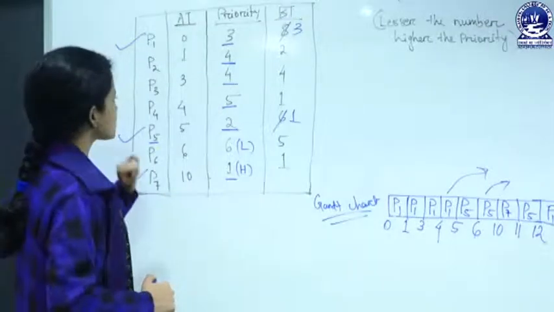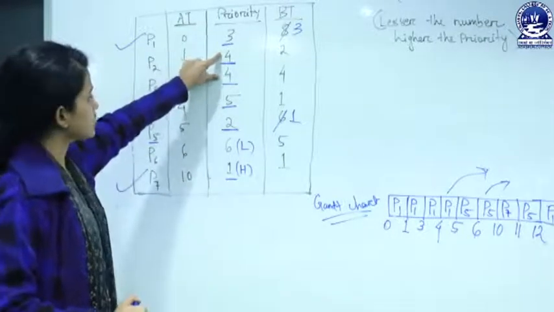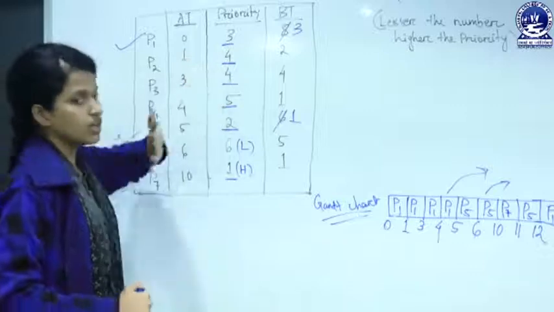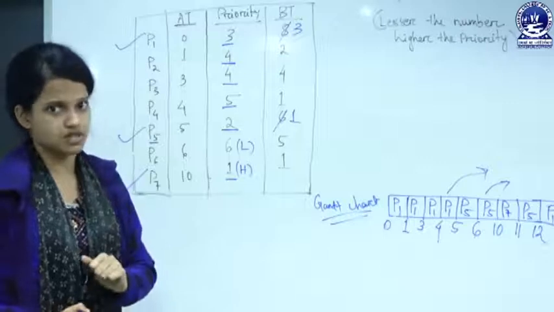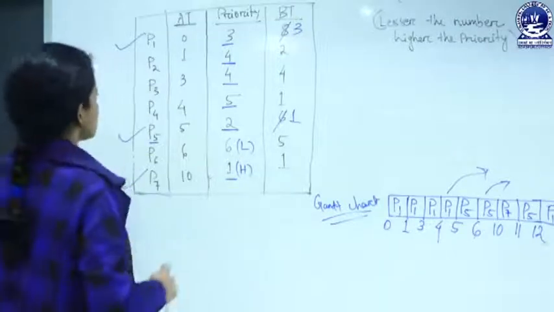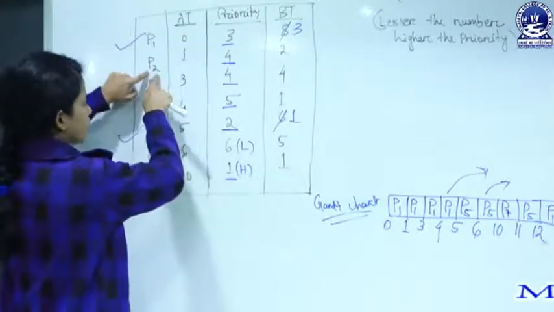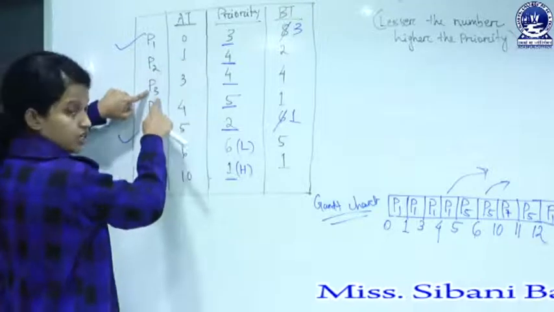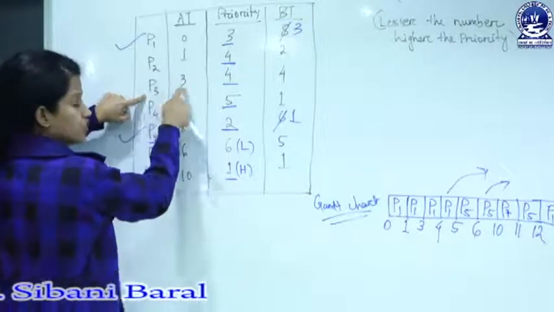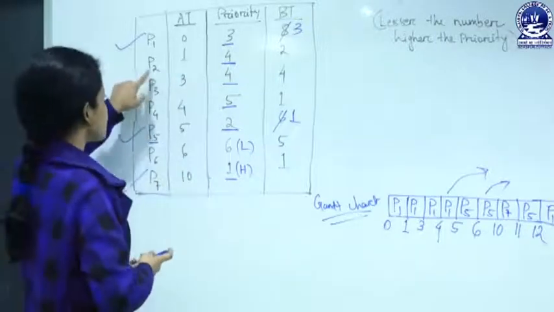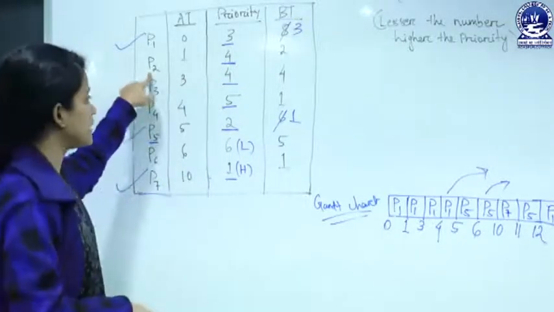And in the non-preemptive version, if there is a tie, same priority, then we allocate the process based on the first come first serve CPU scheduling algorithm. Okay, so P2 arrived at the ready state first, then P3. P2 arrived at 1, P3 arrived at 3. So CPU would be allocated to P2 first.